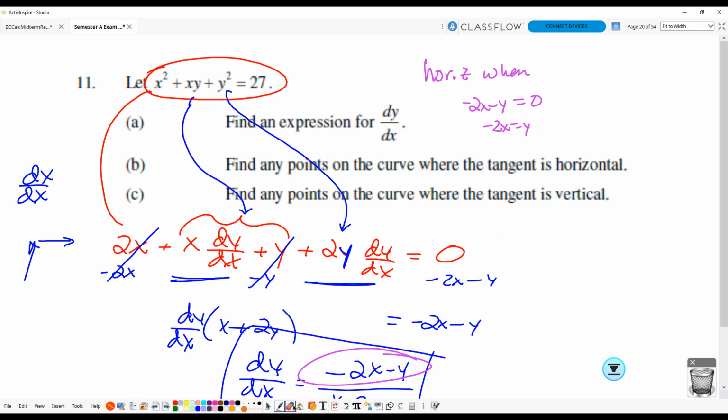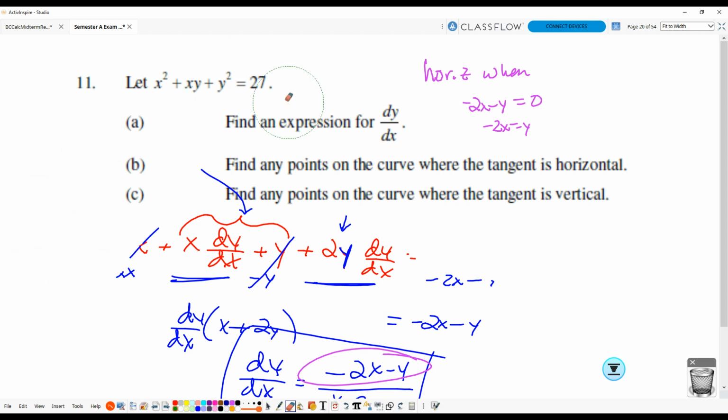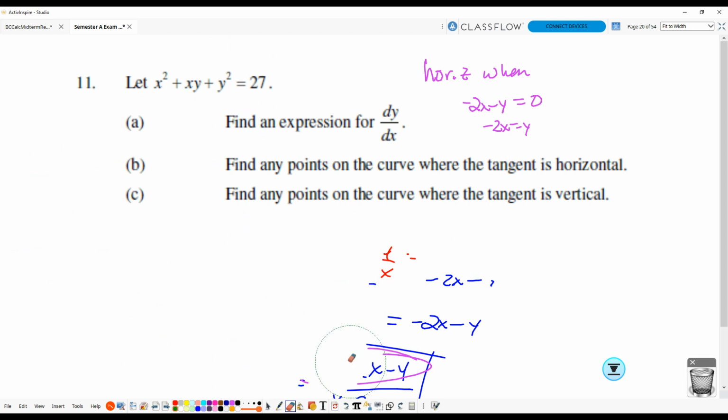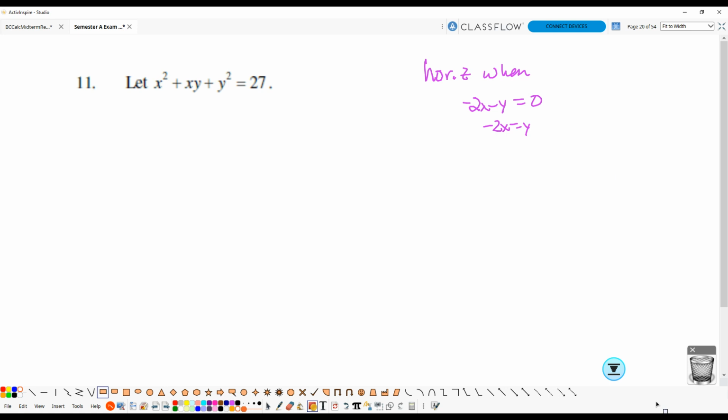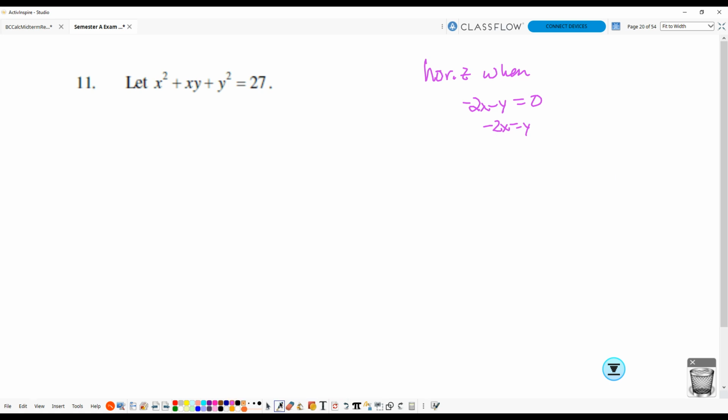You ready for the catch? That's not the end of it. Eric, you had said that's all, right? When the top is 0, it's a horizontal tangent, right? So when does y equal negative 2x?